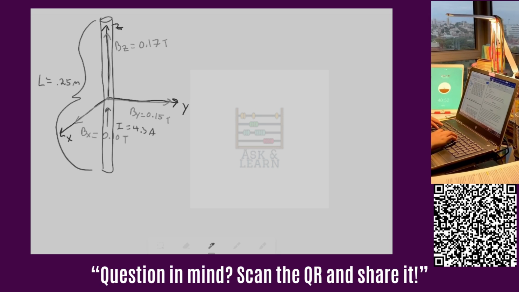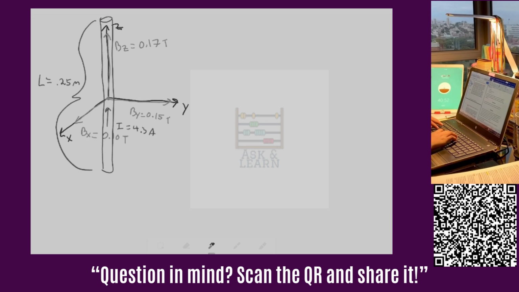Okay, so if we remember information about the Lorentz force or the magnetic force on moving charges, because the current is heading along the z direction, the magnetic field component along the z direction will not contribute at all to the net magnetic force that this wire is going to feel.